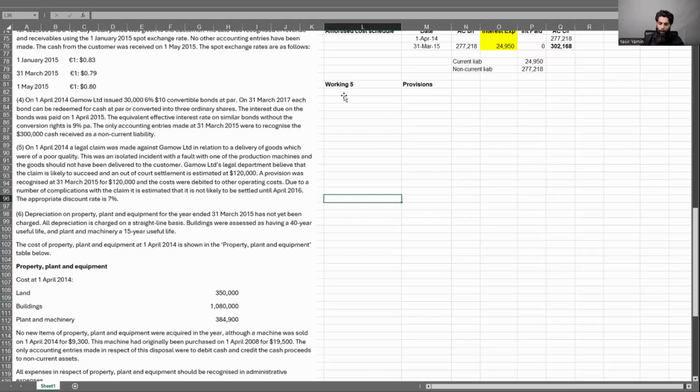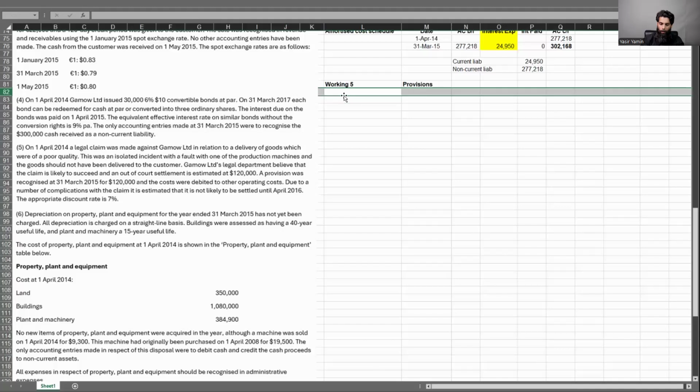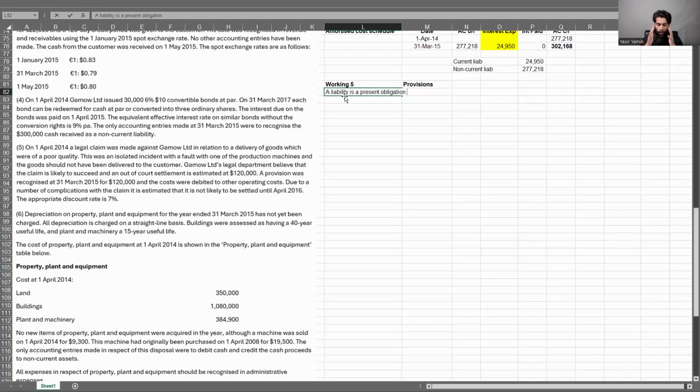Guys, a liability is a present obligation arising as a result of past events. I know that the definition is vast, but thinking conceptually, a liability is a present obligation. It's an ongoing court case, so it's an obligation. But IAS 37 or the framework says a liability is to be recognized which represents your present value of obligation.